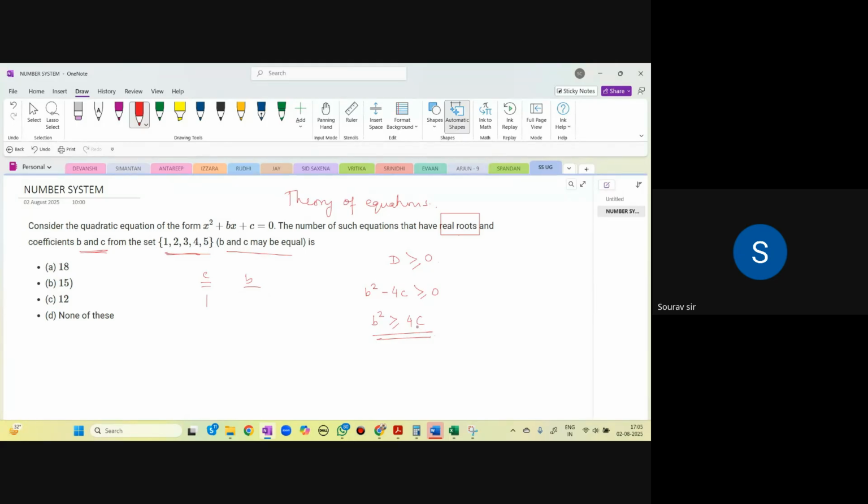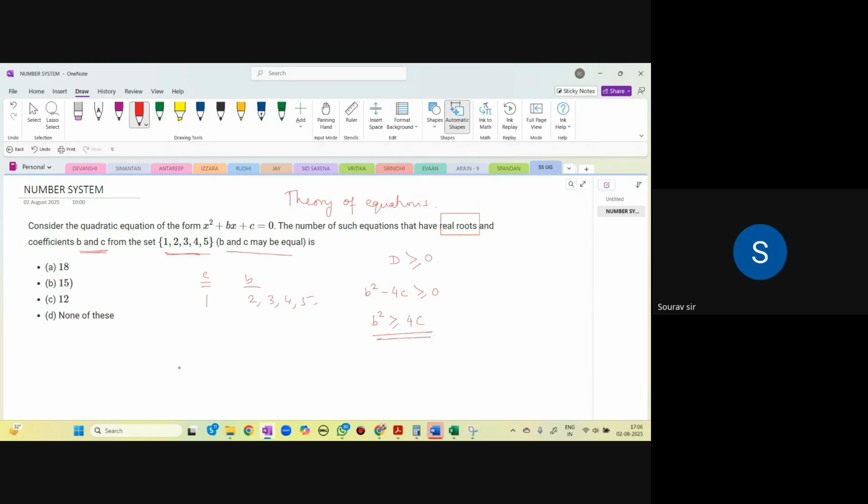C is 1 means 4c is 4. So B square has to be greater than or equal to 4. So B can take values 2, 3, 4, and 5.